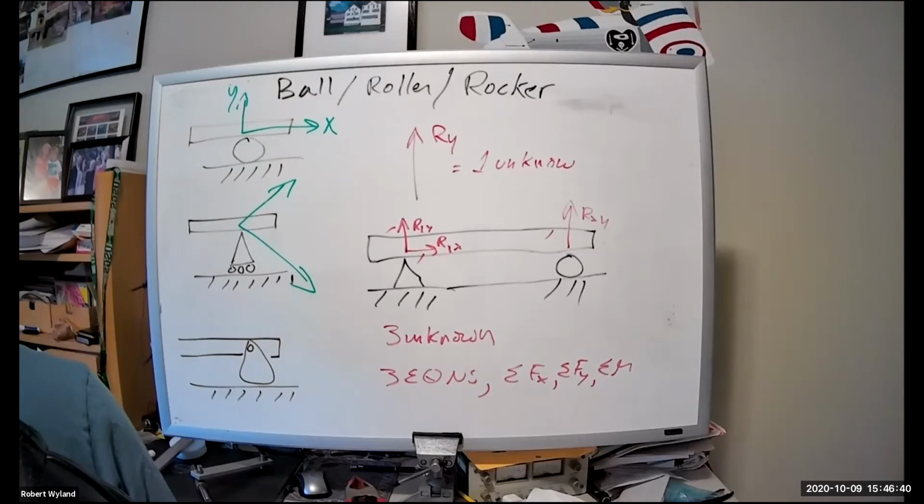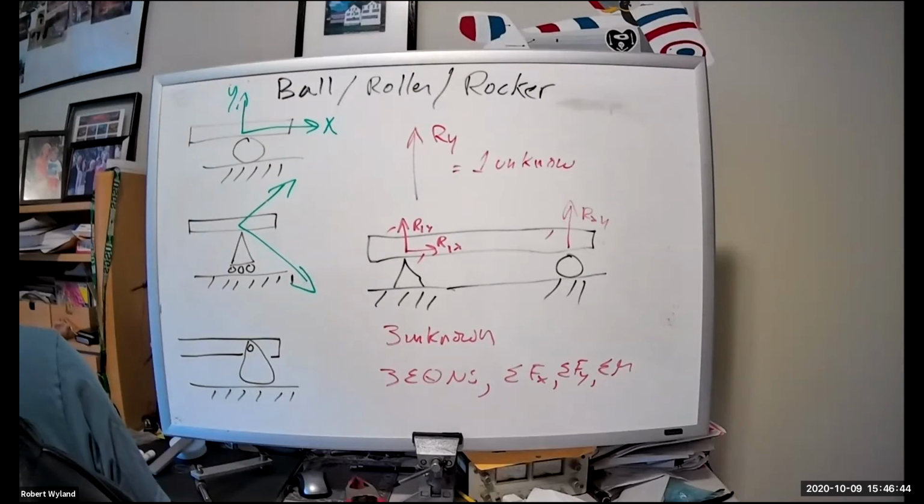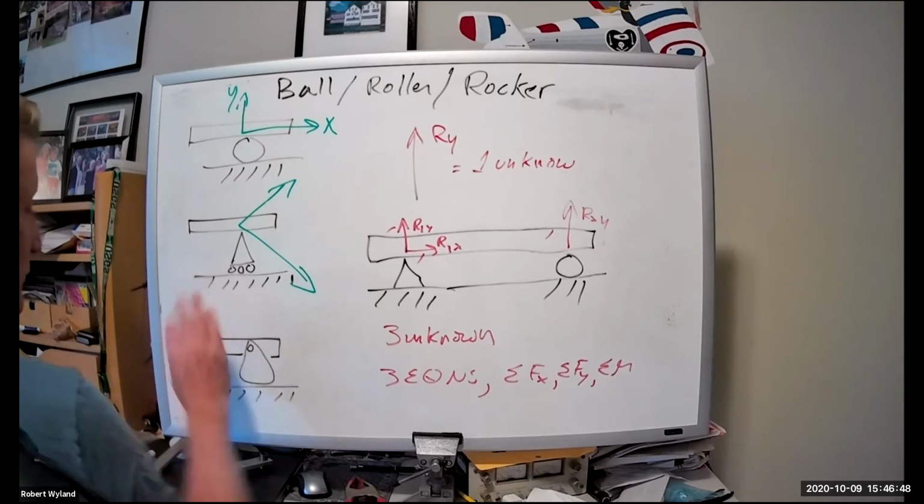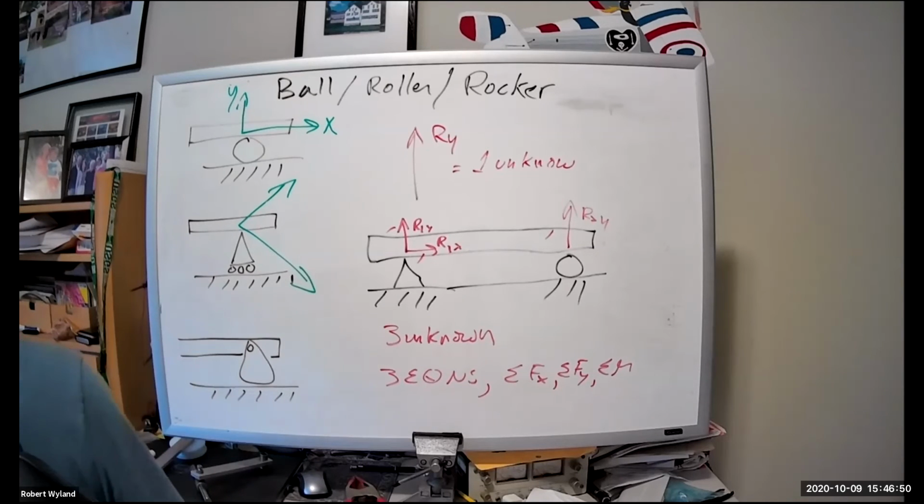I was just gonna say, I don't know what a rocker is. It's like a rocking chair. It's got a curved bottom and allows it to basically rotate. It's a section of a wheel that would be connected to that pin you see on the lowest drawing there.